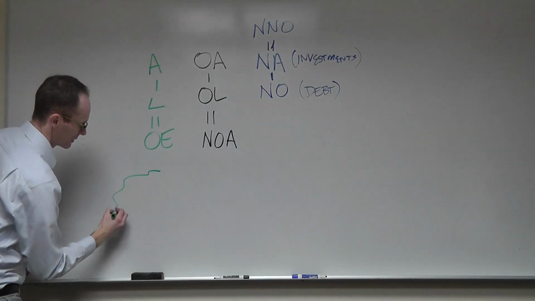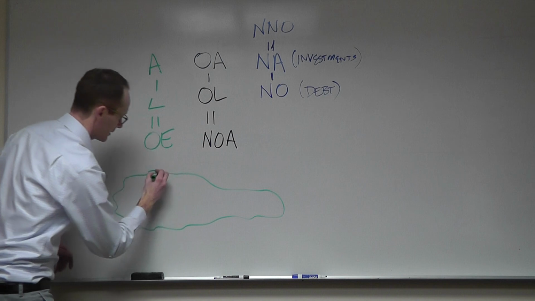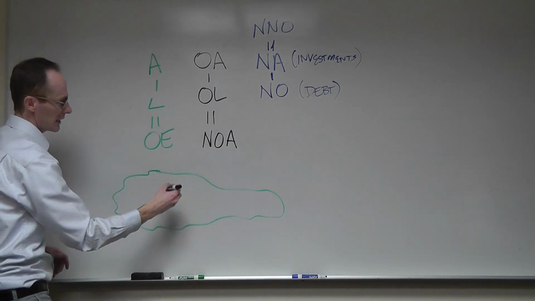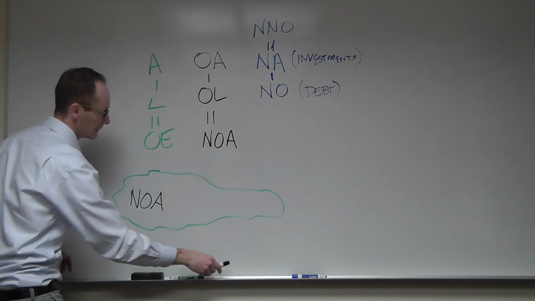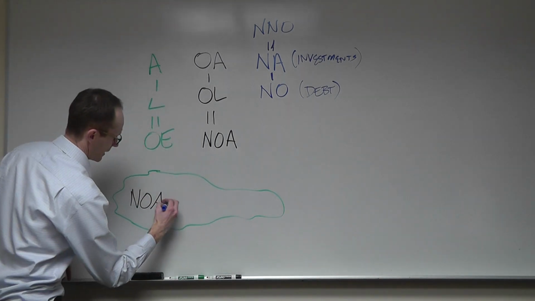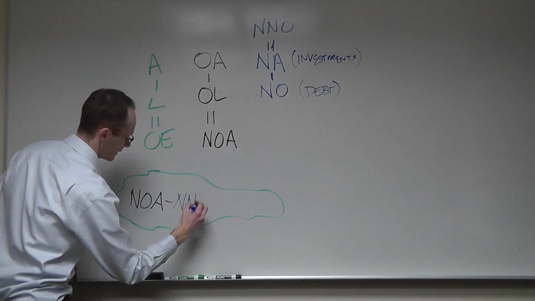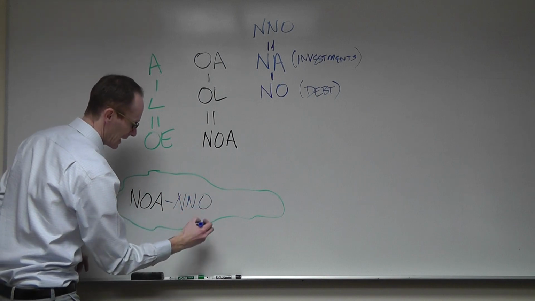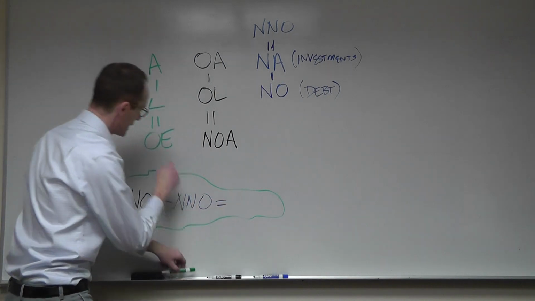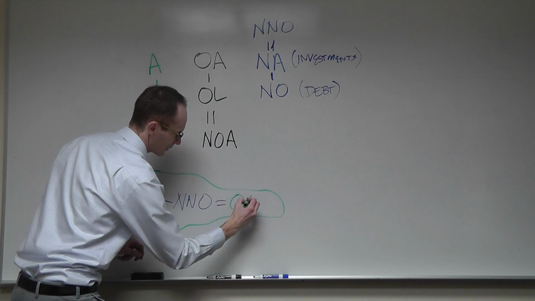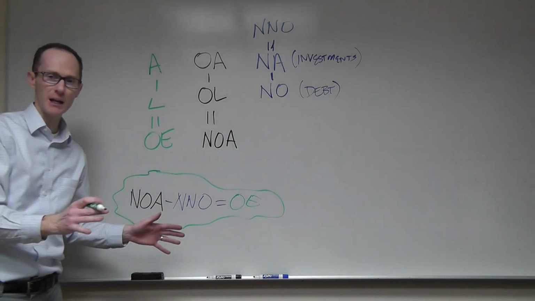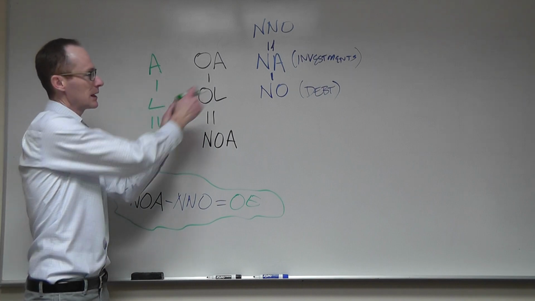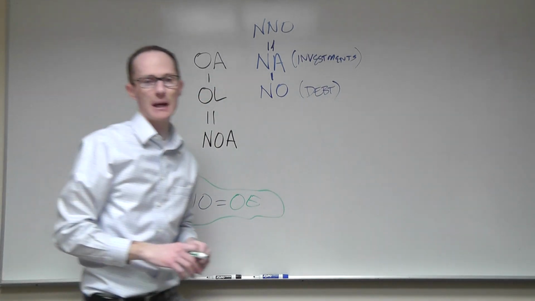We should find that our net operating assets, minus our net non-operating obligations, should equal our owner's equity. Okay, everybody in the balance sheet has a place at one of these two tables.